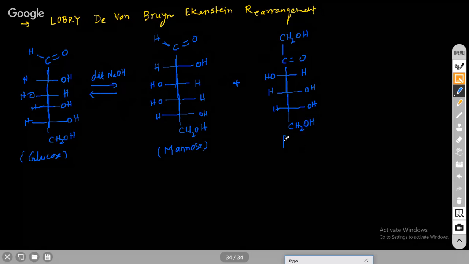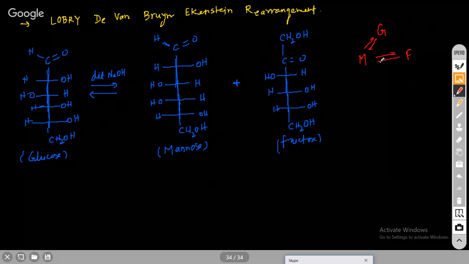Right? So this is fructose. So in alkaline solution, these three molecules exist in equilibrium. Right? So glucose, mannose, and fructose are in equilibrium in alkaline solution.